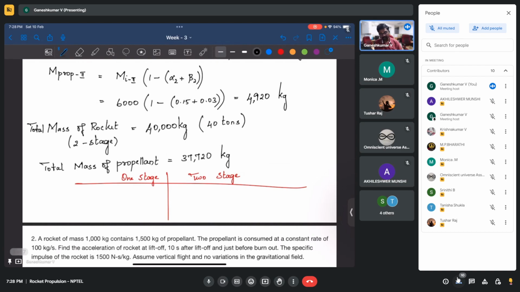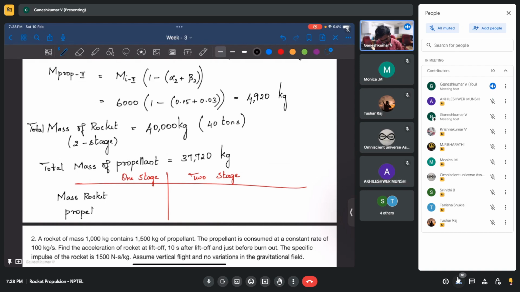So, what do you think? If I keep on increasing the stages, will this keep on reducing? It may, up to a point, I guess. So, what could be that point? I'm unaware of it. Okay.